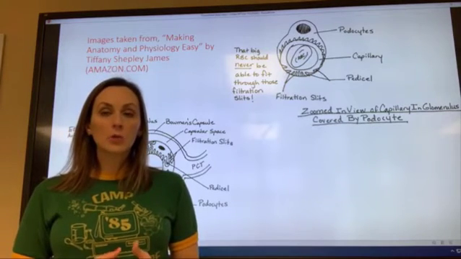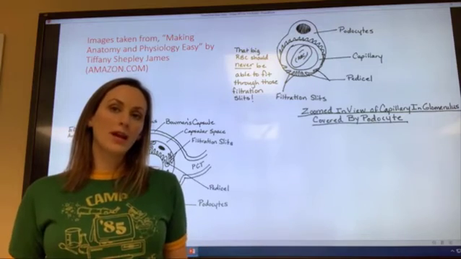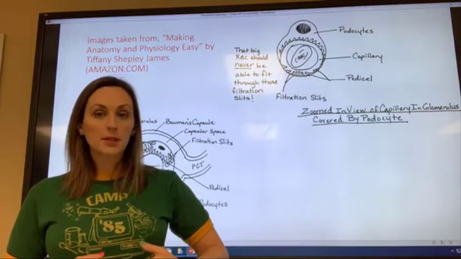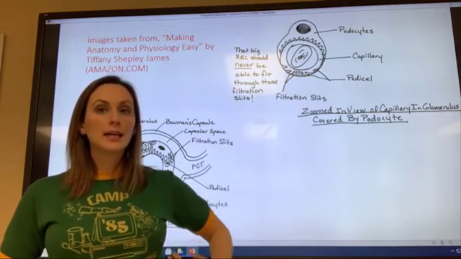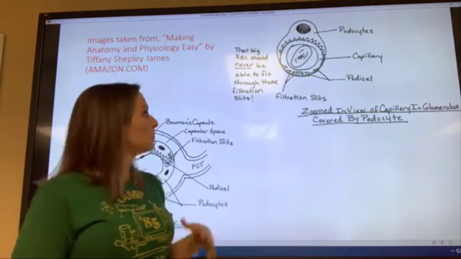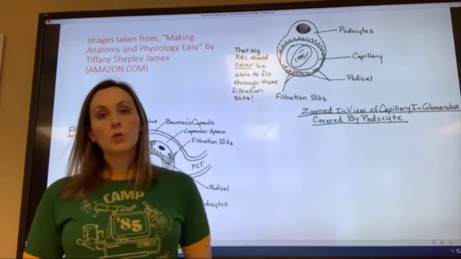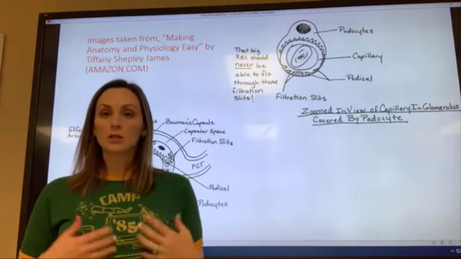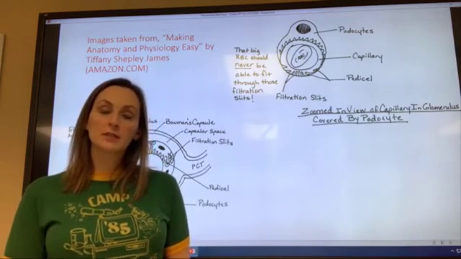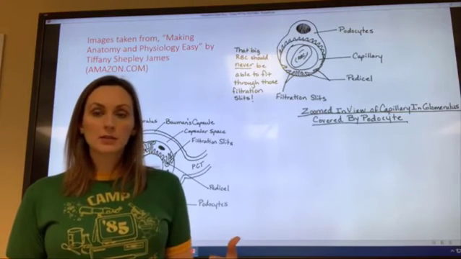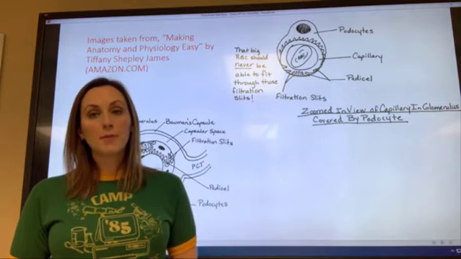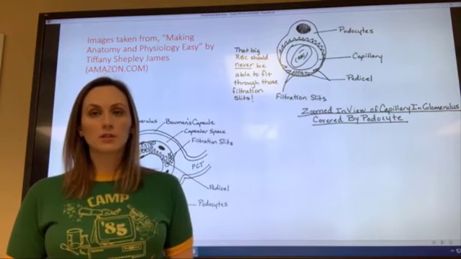And in that plasma will be the dissolved toxins and wastes and things that we do want to get rid of in the urine, but we're keeping those red blood cells and large proteins in the blood system where it belongs. So that is how a renal corpuscle is going to work, using blood pressure to filter blood through those filtration slits. Then our plasma-like solution or filtrate will enter the renal tubule, and then from that point on, we will tweak it to convert it into urine.